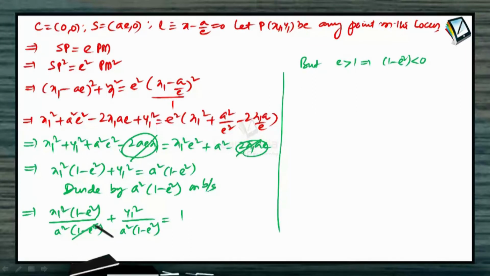Hence here this gets away, and I can write it as x1 square by A square plus y1 square by A square into E square minus 1, where this will become minus, is equal to 1.